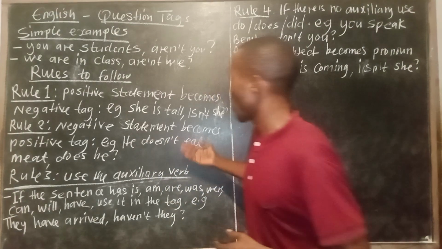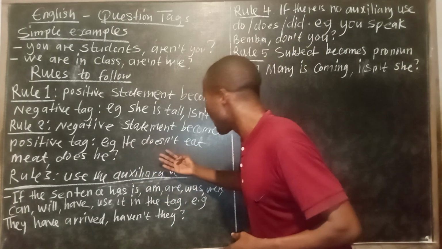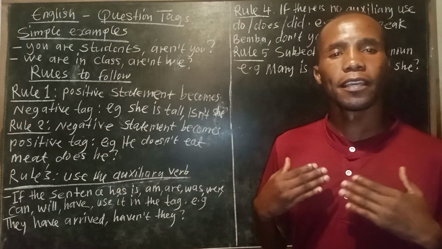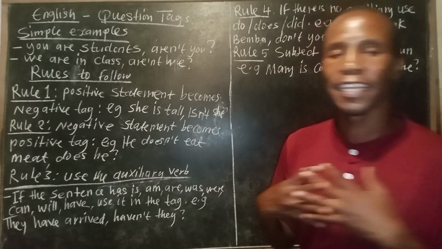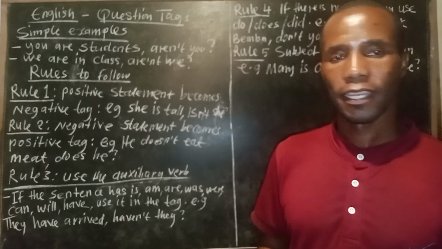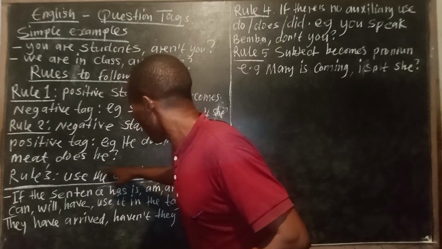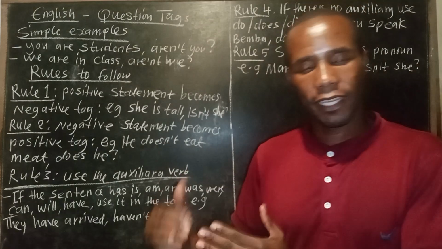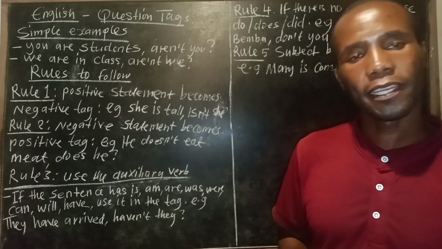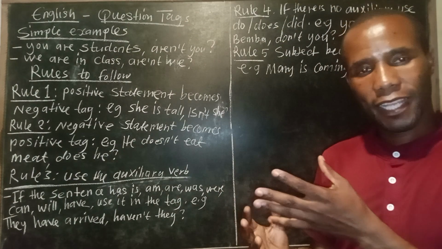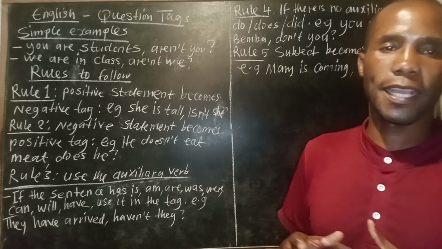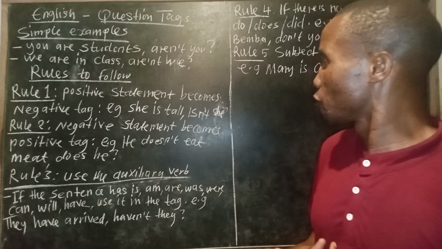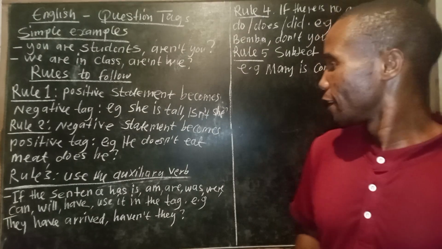The statement that we have here, for example, he doesn't eat meat, does he? Okay. He doesn't eat meat, does he? So now the question is positive, the statement negative. You have to know that. Very important.